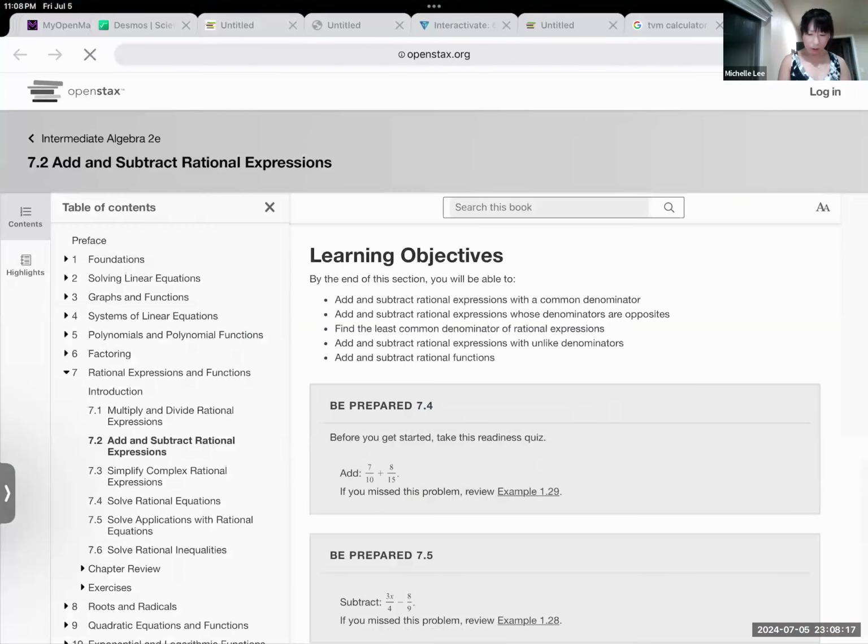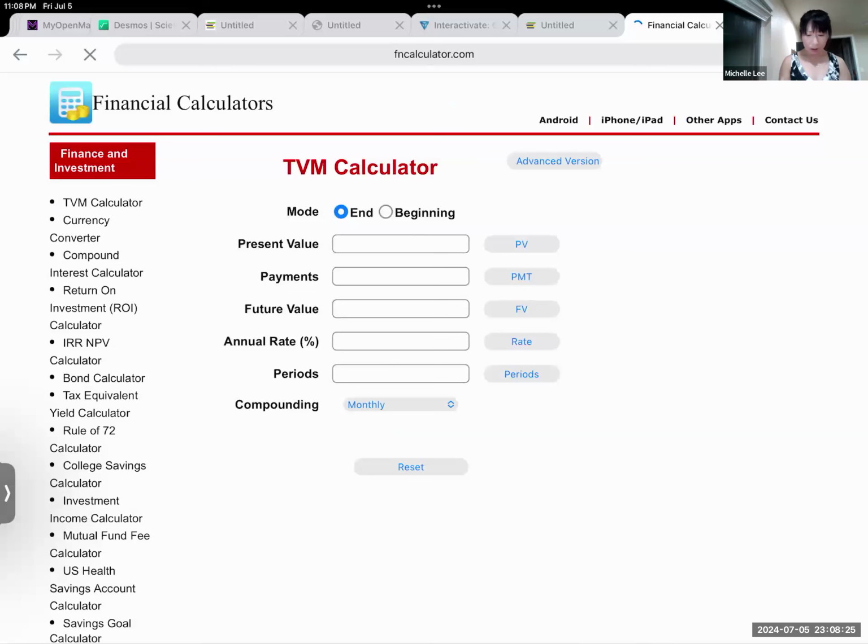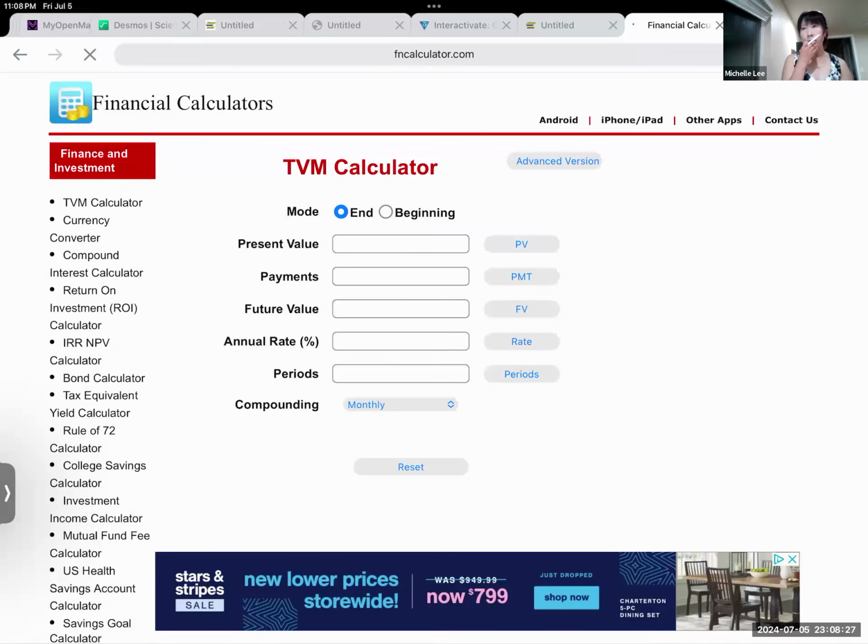So just Google it, right? I type TVM calculator, the first one here.